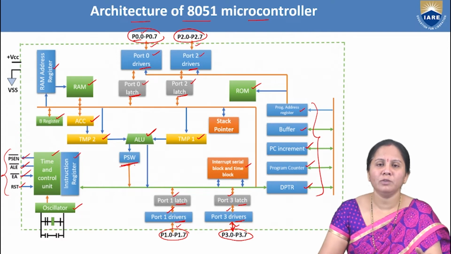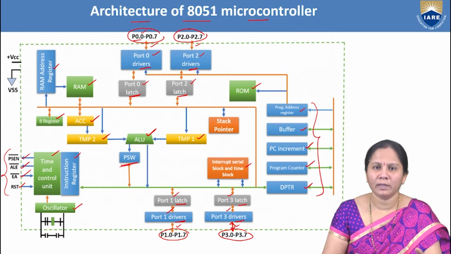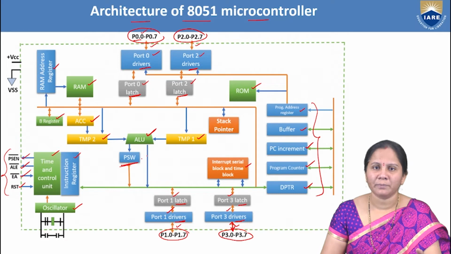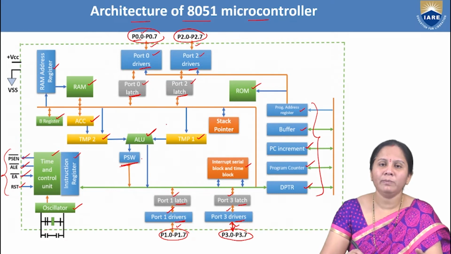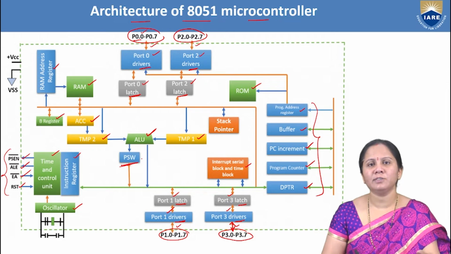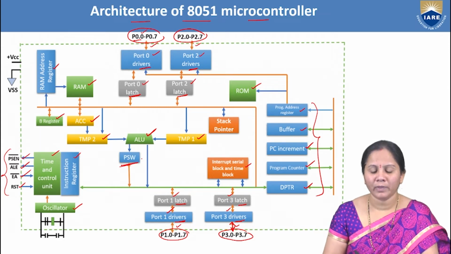PSW stands for program status word, which can also be called the flag register. The status of the ALU is reflected on this flag register. The flag register size is also 8-bit, and the ALU size is also 8-bit.